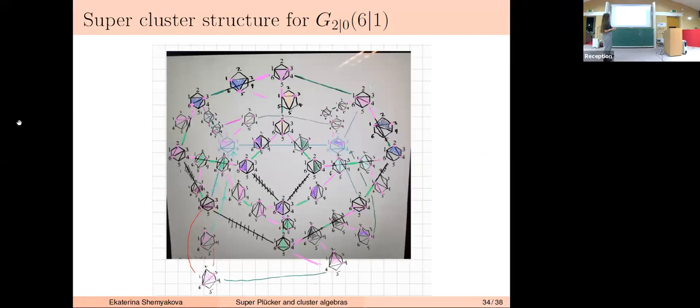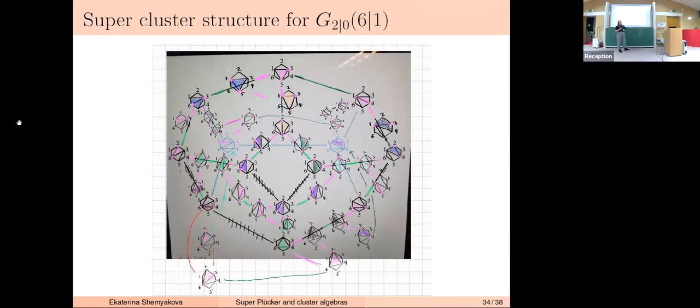Sorry for the crazy picture, but I didn't want to type it in. I don't know the shape yet, but for 6|1, we are also going to have two odd cluster variables in each cluster, and three even.